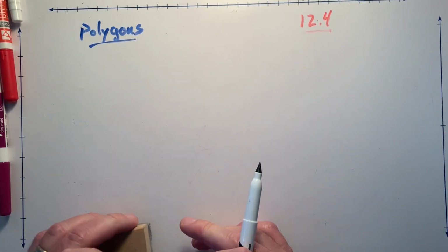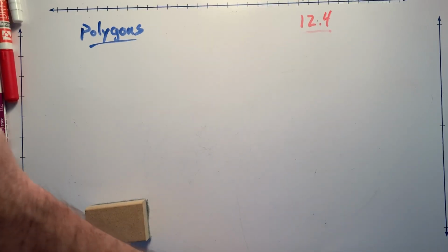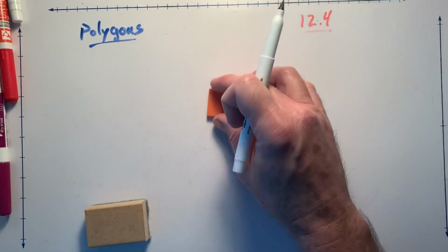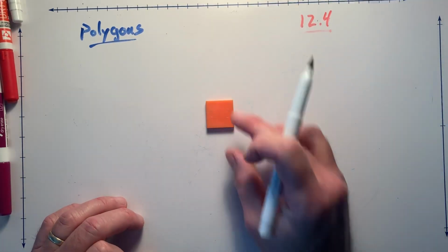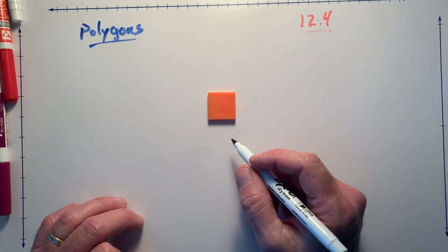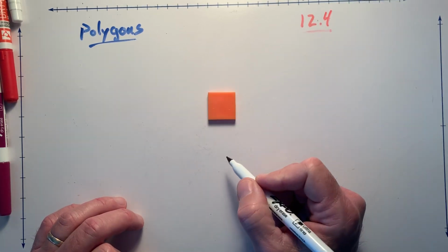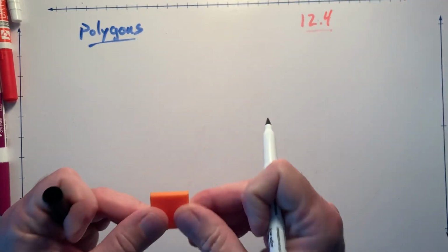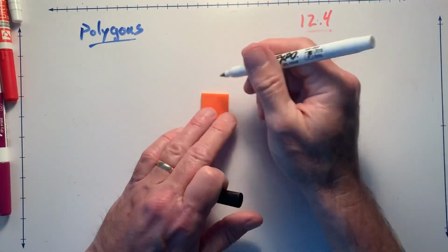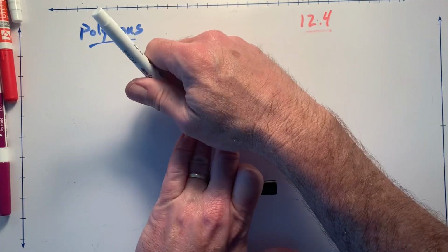Let's take a look at a regular, good old-fashioned square. A square has 4 sides. It is closed. This particular one is not flat, but we're going to imagine it is a flat shape by going around it.